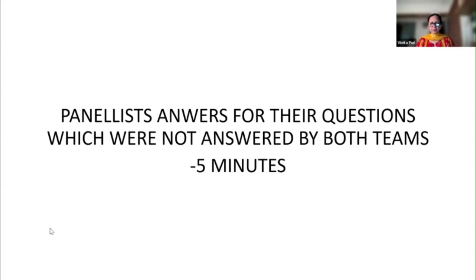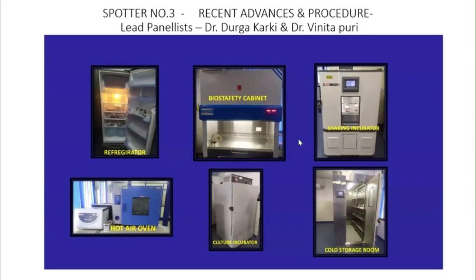Okay, team 1, now proceed with what is shown in the figure. Can you enumerate what these things are, how we use these machines on the screen? The refrigerator will be used to store the grafts initially.